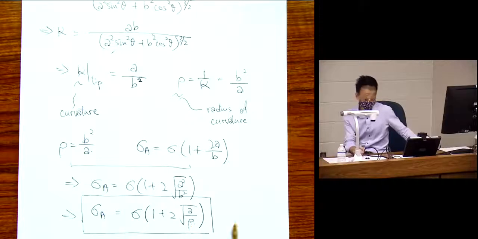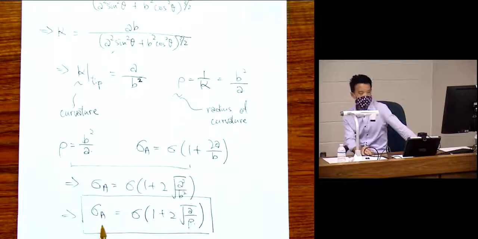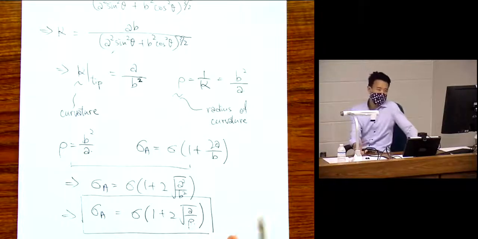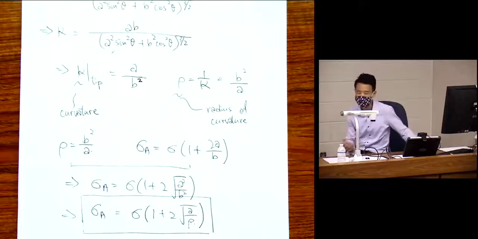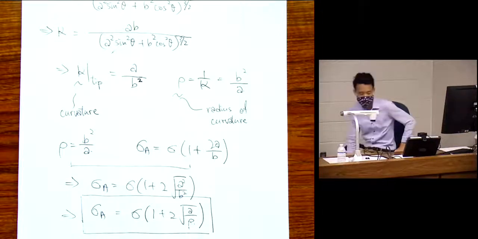But then this result tells us that the stress concentrated at the tip is going to become infinite. Rho goes to 0, every other term is fixed, so this term is going to explode. That means that sigma A is going to go to infinity. And that is not good, because we can't accept infinity in our calculation, because physically that doesn't happen.